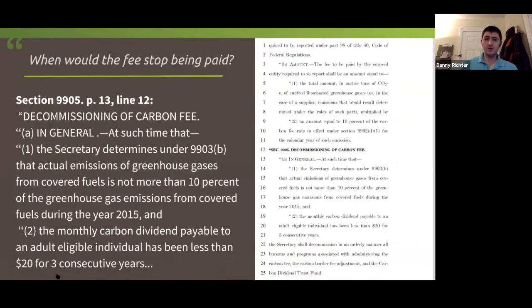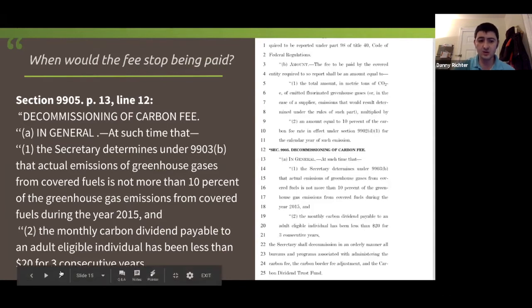So in general, at such time that the Secretary determines under 9903B, so that's the schedule of emissions reductions, that actual emissions of greenhouse gases from covered fuels is not more than 10% of the greenhouse gas emissions from covered fuels during the year 2015, and the monthly carbon dividend payable to an adult eligible individual has been less than $20 for 3 consecutive years, then the fee shall be decommissioned.